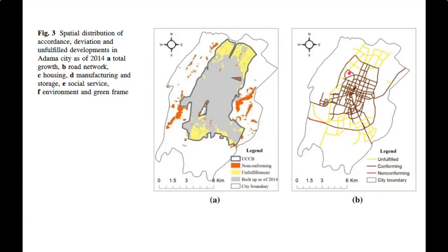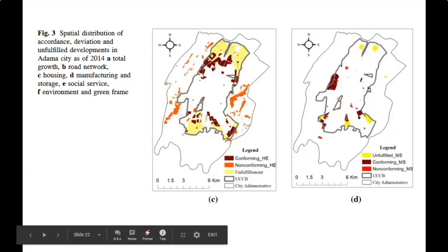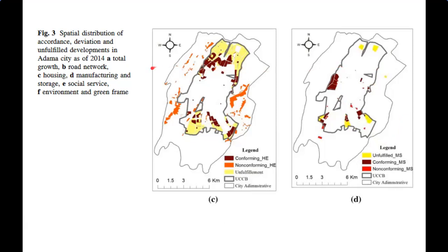The authors compare which road infrastructures are conforming or consistent between the plan and the actual conditions, which ones are not conforming, and which ones are unfulfilled or maybe not yet implemented. This is a more detailed classification of non-conforming, conforming, and unfulfilled.